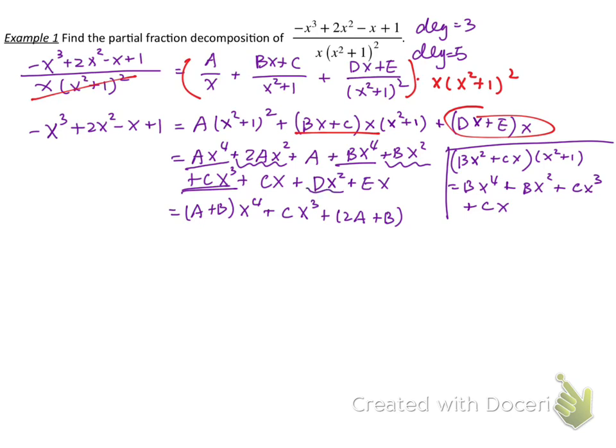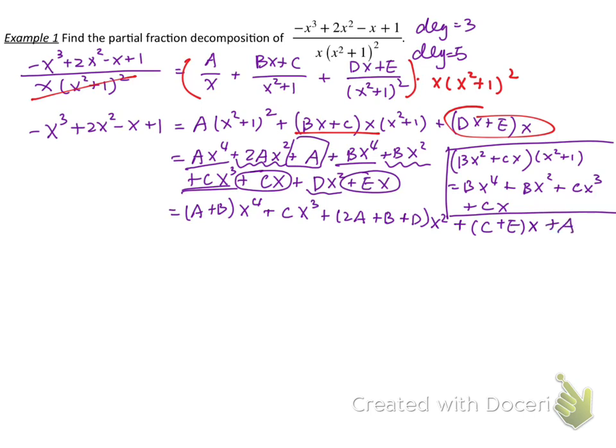One more, plus d, oops. Plus d, x squared. And then x term, I'm having c and e, plus (c plus e) x. And finally, I'm having my constant left, plus a.